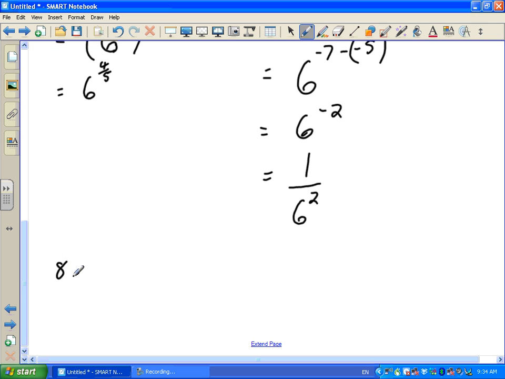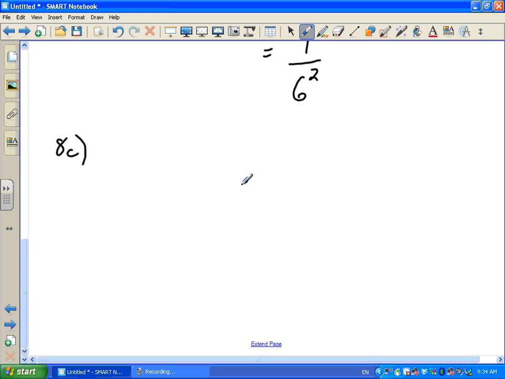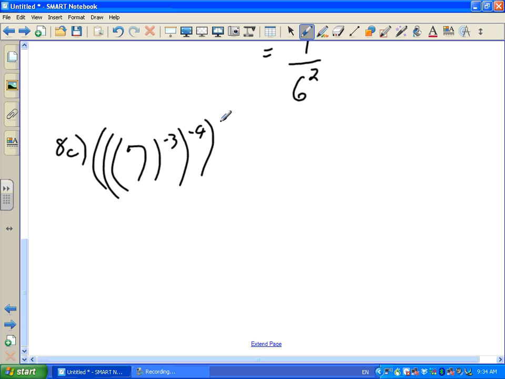8c. 7 to the power of negative 3 to the power of negative 4 to the power of 2. These are all powers of the power, so I just need to multiply all 3 exponents by each other.